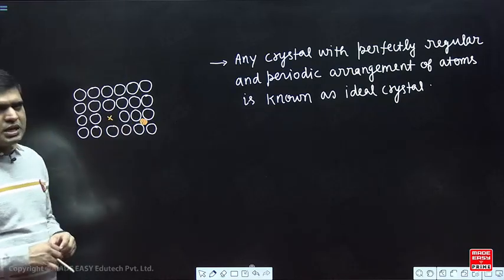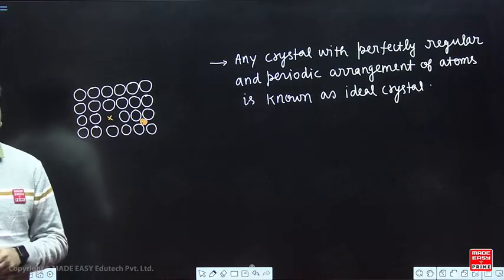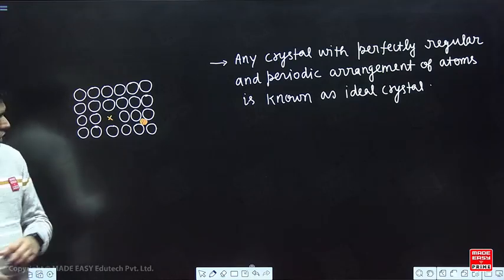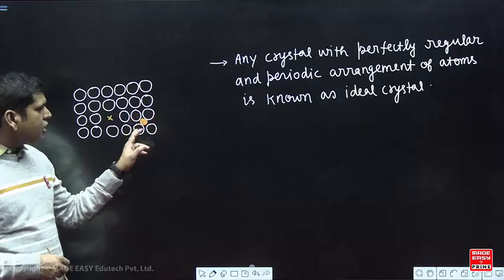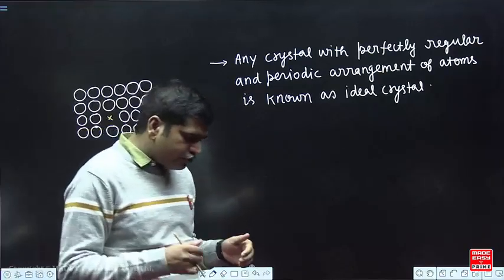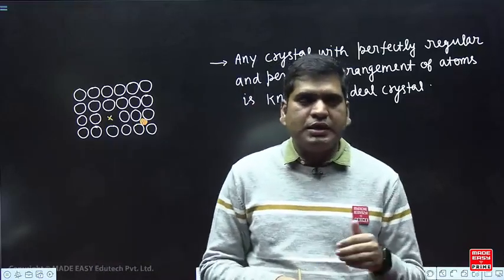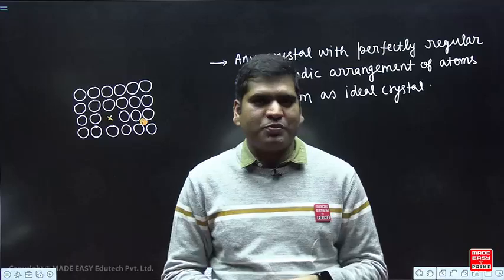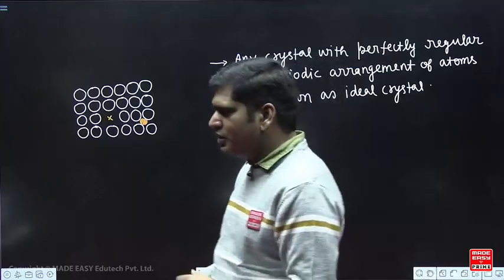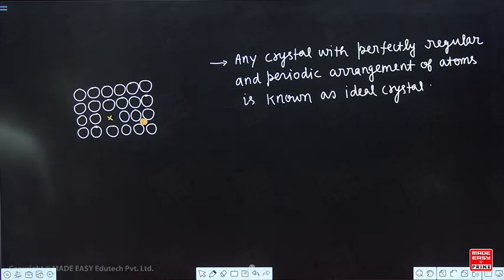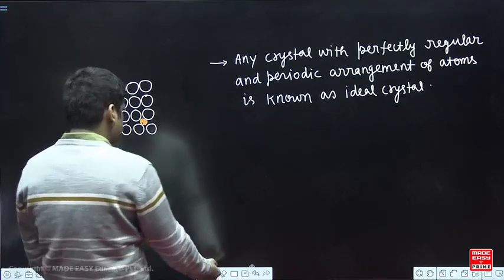So this impurity is also creating a defect, an imperfection. Here the periodic order of atomic arrangement is not followed. So whenever there is a change in order or periodicity of atomic arrangement, then a crystal defect is formed.